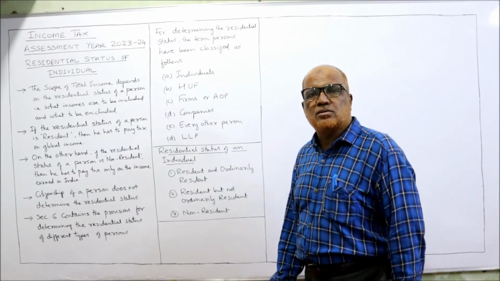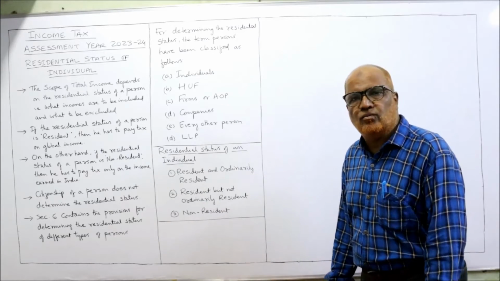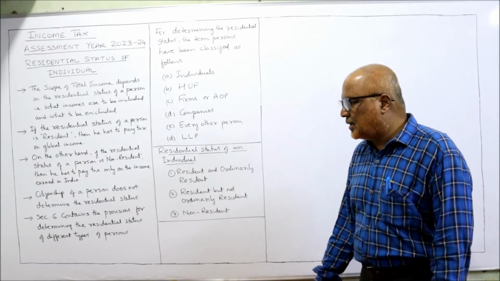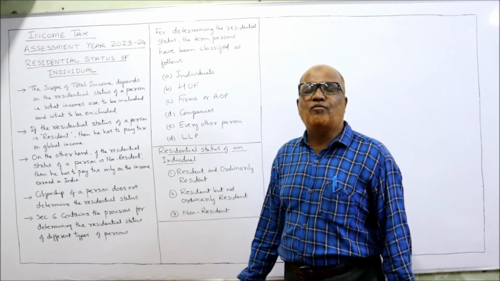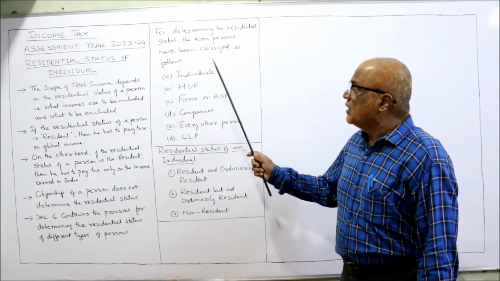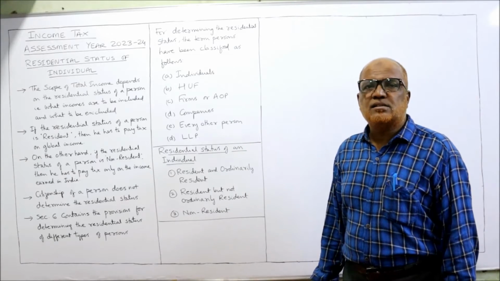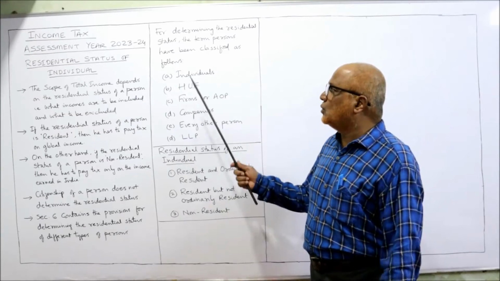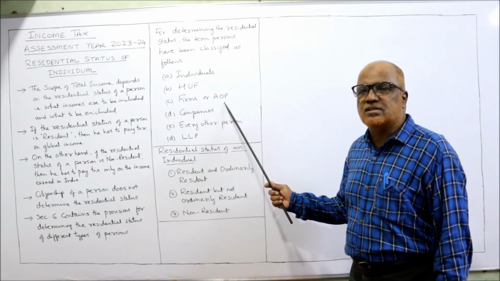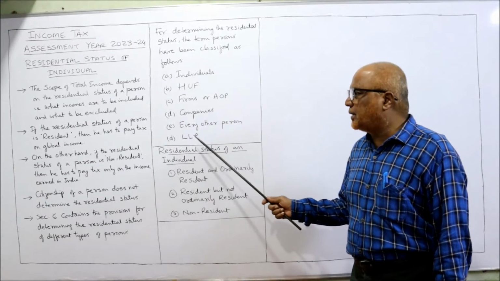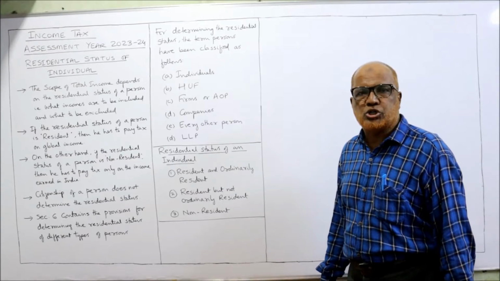Now section 6 of the Income Tax Act 1961 contains the provisions for determining the residential status of different types of persons. For determining the residential status, the persons are classified into individual, HUF, firms or association of persons, companies, every other person, and LLP, limited liability partnership.